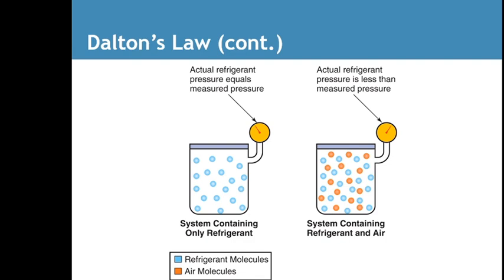And why this is important on your job is that you will use refrigerants that are combined refrigerants, like 410A. That's not a single refrigerant, it's a mixed refrigerant. I don't remember which two make up the mixture. But how this plays into a leak: if you have a leak in a system, the refrigerants in 410A have two different characteristics. So in the case of a leak, you will lose the lighter volume of refrigerants. So you're just going to lose one of the two on a small leak.